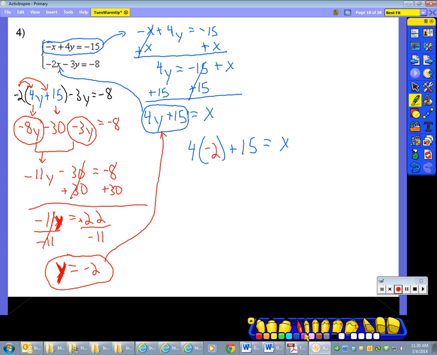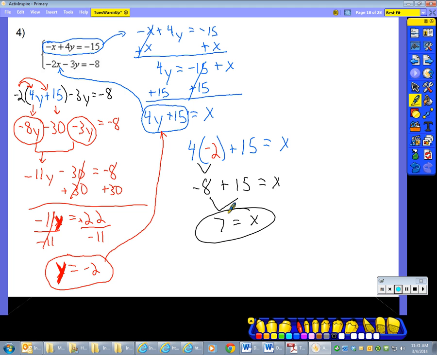So now I'm just going to solve this out. I've got 4 times negative 2 is a negative 8. Don't forget your plus 15 equals x. A negative 8 and a positive 15, that's going to give you 7. So x equals 7.